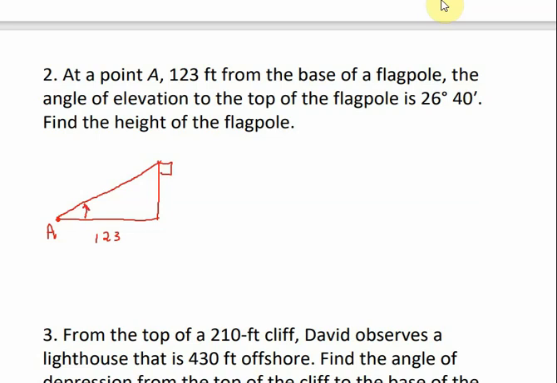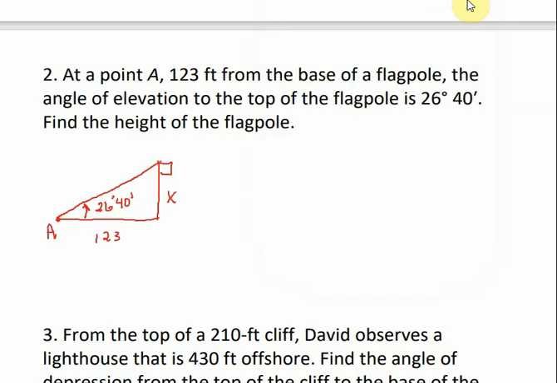So it says that the angle of elevation is 26 degrees 40 minutes. They want to know the height of the flagpole, okay? So we're going to say that right now the height of the flagpole is x, and we're going to solve for x.